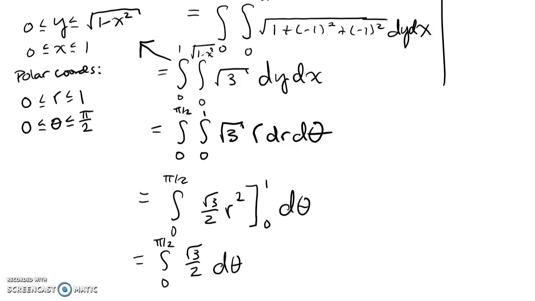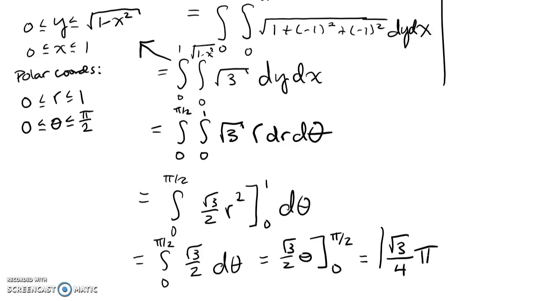So when we integrate that d theta, we're just going to get square root 3 over 2 theta, which we're going to evaluate from 0 to pi over 2. When we plug in pi over 2, we're really going to get square root 3 over 4 times pi, because the 1/2 times 1/2 is 1/4, and then plugging in 0 just gives 0, so this would just be minus 0.